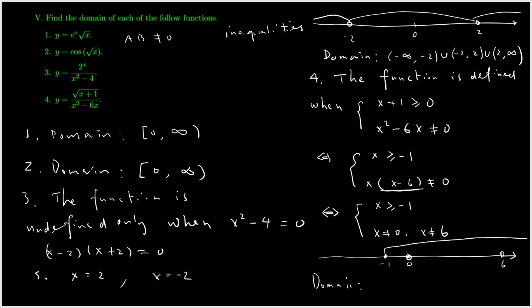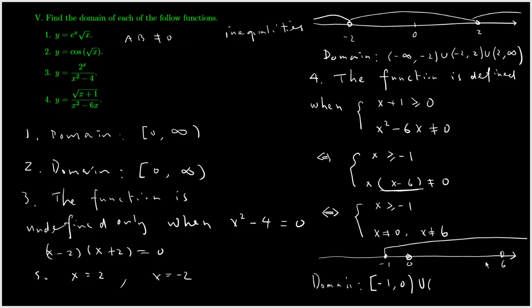The domain of the function has a few parts. One part is -1 is included, the interval from -1 to 0, union, 0 is not included.